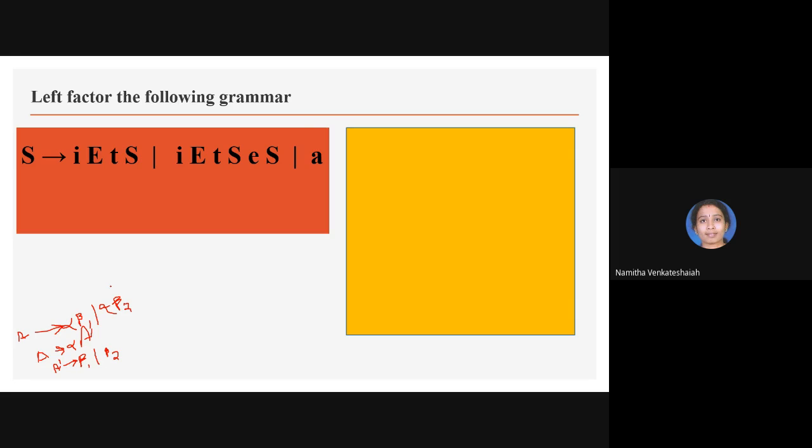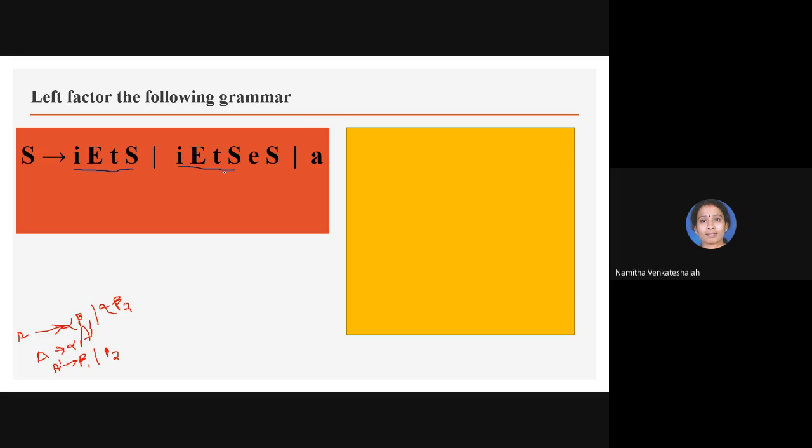So here, what is alpha? Whatever is common is alpha. So let me take a different ink. Okay. So iEtS is alpha. Okay. So what is beta 1 and what is beta 2?